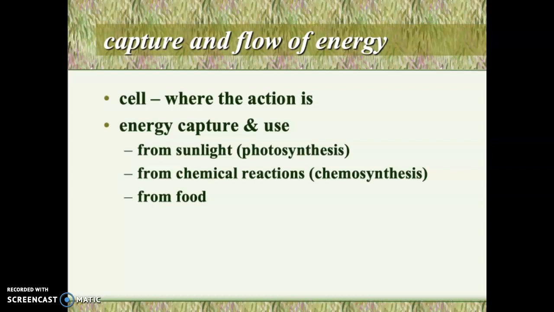We would call those types of cells producers, because they can basically capture and store energy that other organisms can then use. And we would fall in that third bullet, where our cells need food as a source of energy. And that food then comes from one of the first two items on the list.